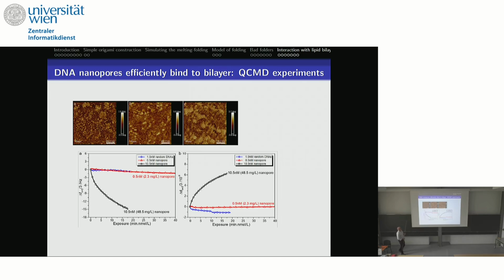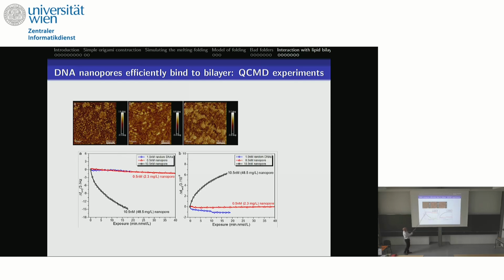To exclude the first hypothesis, we did QCM-D experiments where you first make a bilayer on top of the quartz crystal, and then you measure the mass which is absorbed, which is a way of counting origamis that stick to the bilayer. As you can see here, this is the shift in frequency. The binding is there.